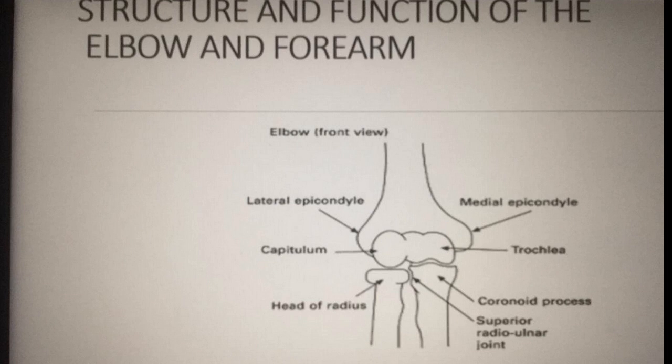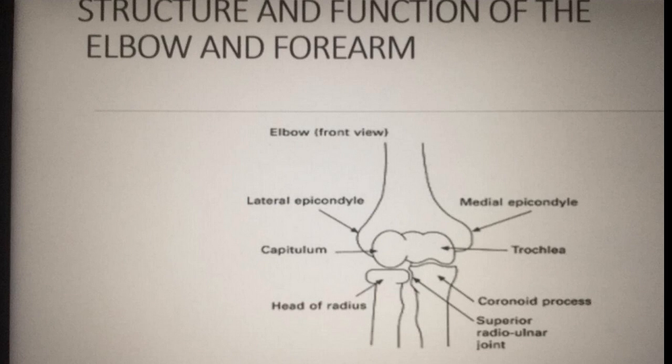The articulating surfaces are the distal end of the humerus, which has two articular surfaces. One is the trochlea, which articulates with the ulna, and the other is the capitulum, which articulates with the head of the radius, making the elbow joint. So mainly flexion and extension occur between these two joint surfaces, and the radius also articulates with the radial notch of the ulna, which is called the proximal radio-ulnar joint.